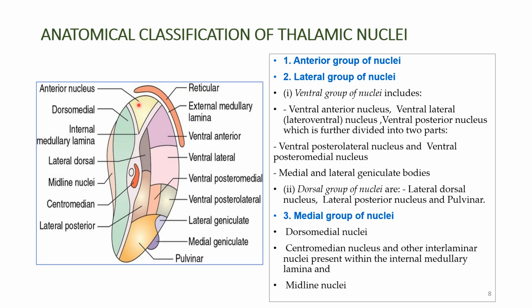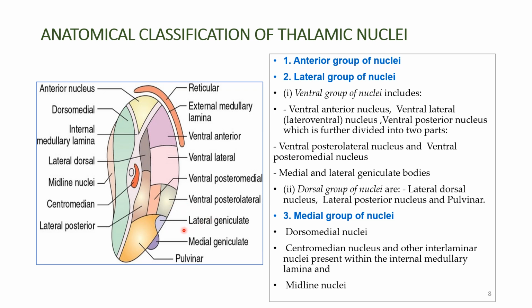So anteriorly you have the anterior nucleus. Laterally you have many nuclei. In that also they are divided into a ventral group of nuclei and a dorsal group of nuclei. Okay, ventral and dorsal. Coming to the ventral group of nuclei, it will include the ventral anterior nucleus, ventrolateral nucleus, ventro-posterior nucleus, which is further divided into ventro-posteromedial and ventro-posterolateral nucleus.